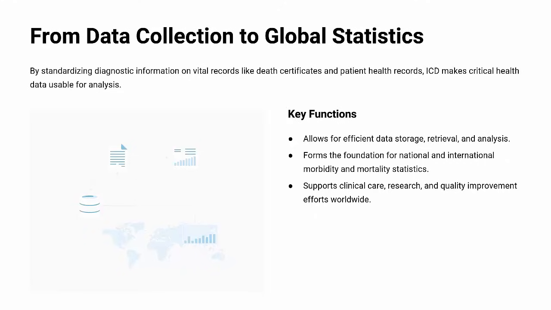As I mentioned before, coders are very important, and the information they report is very important. Make sure you're reporting properly because it affects a lot of data. So you want to make sure you take your job seriously.